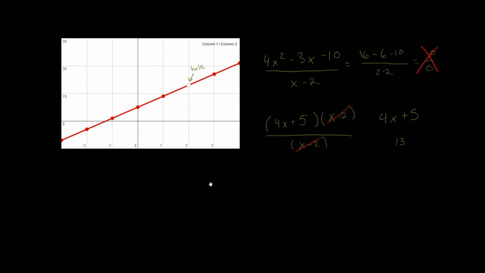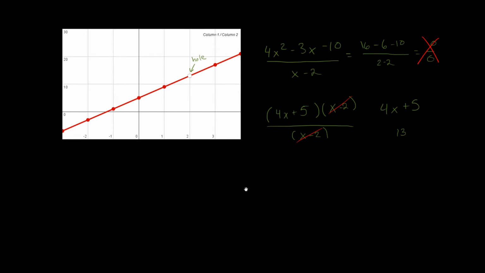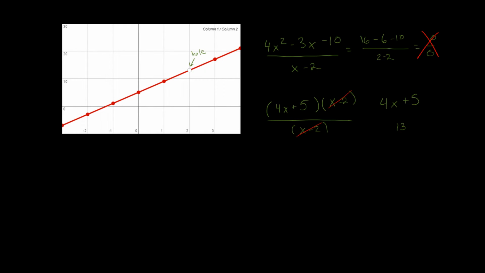So let's take the left hand and the right hand limits. Okay, first let's find the limit as x approaches 2 from the right of 4x squared minus 3x minus 10 over x minus 2. And to do this, I'm going to plug in, once again, some values that are greater than 2, but are slowly approaching it.